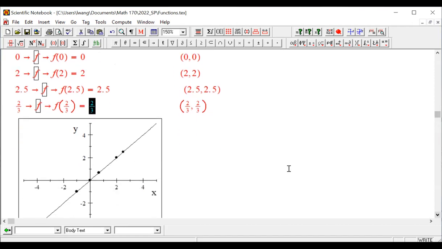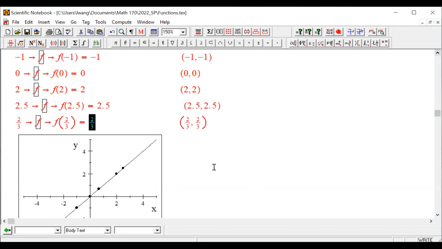Let's mark a couple. We have this point here, that's (2, 2). And over here, that's input -1, output -1.